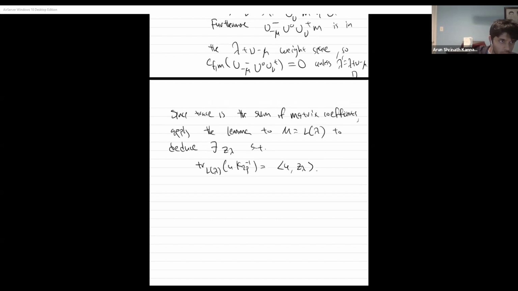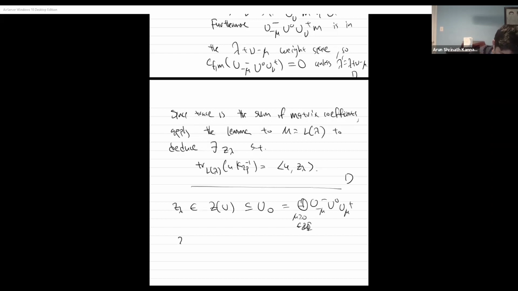Okay, so now we're basically done. Now that we have this central element, Z lambda is in the center, and if you recall, this is in U lower 0, the degree 0 piece. So it is equal to the sum over mu greater than or equal to 0 in Z phi of U minus mu, U naught, U mu plus, and so you can decompose Z lambda as the sum of Z lambda mu, where each Z lambda mu is in U minus mu, U naught, U mu plus, as above.